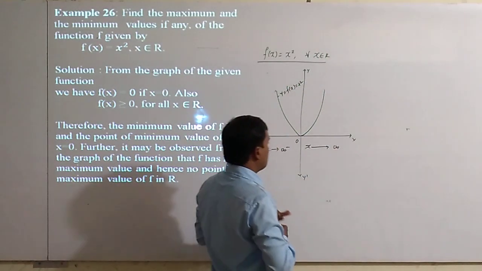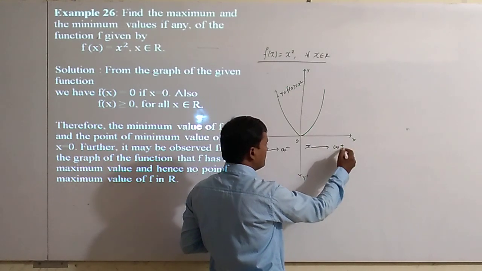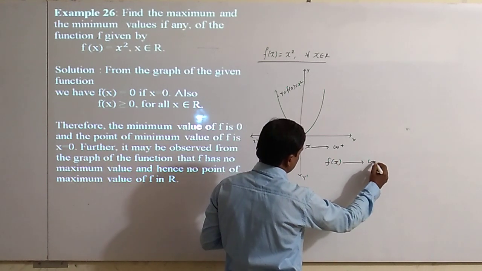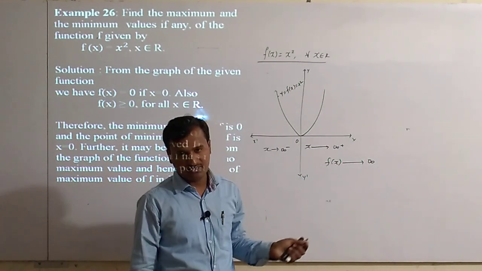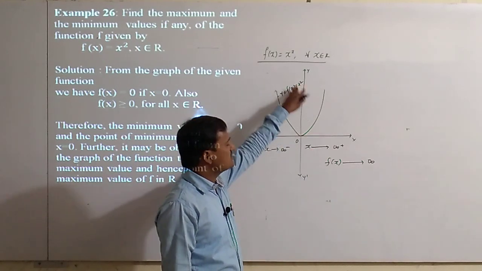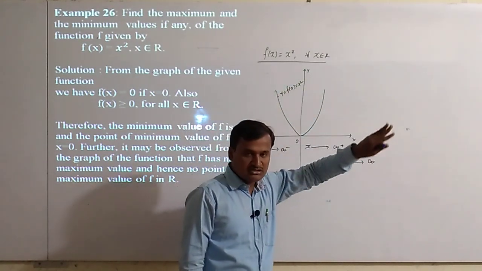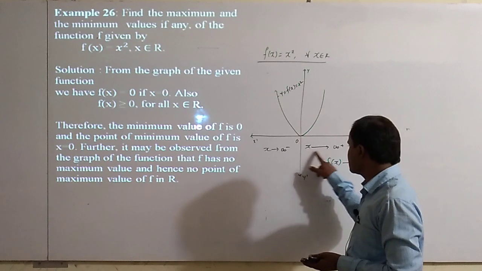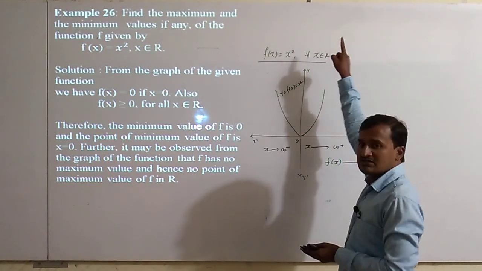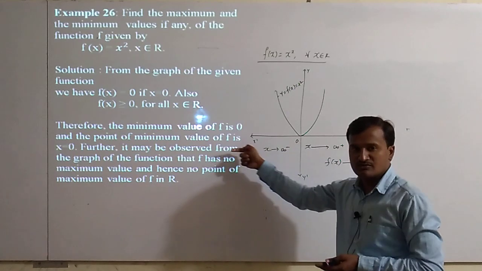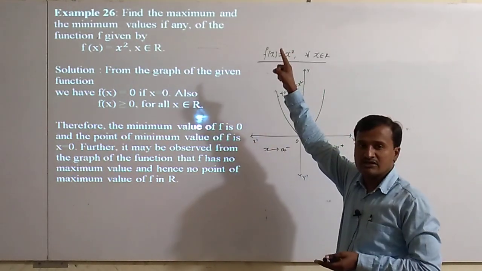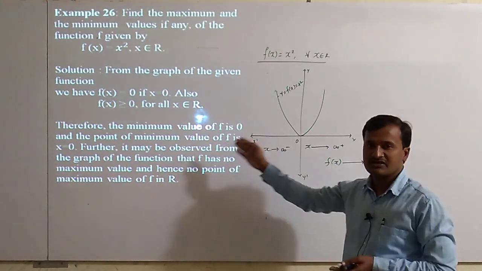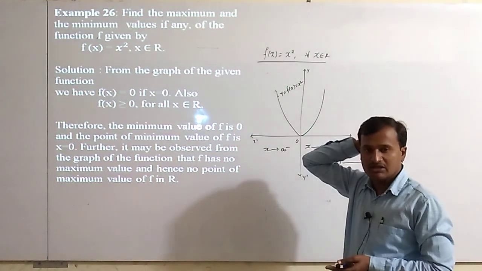So as x approaches plus infinity or minus infinity, f of x approaches infinity. Therefore this function does not have any maximum value, because as x approaches infinity or minus infinity, the functional value also increases.